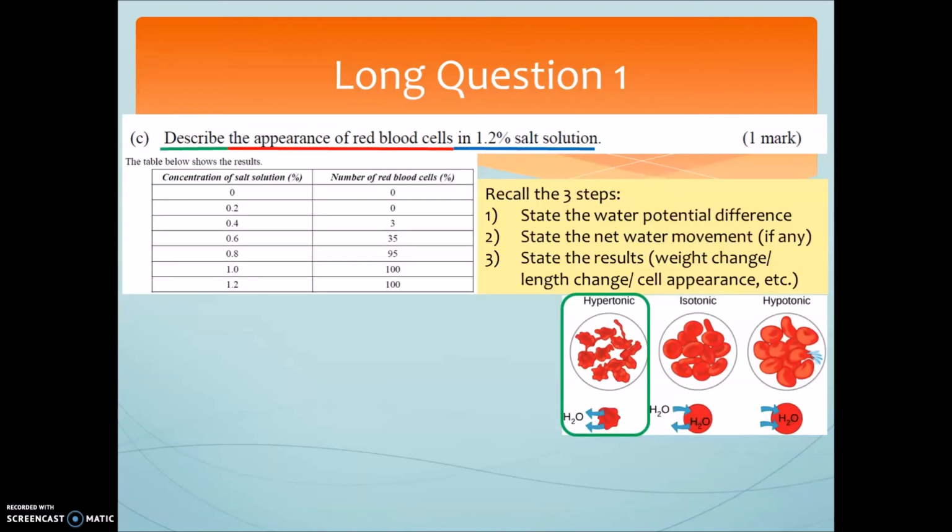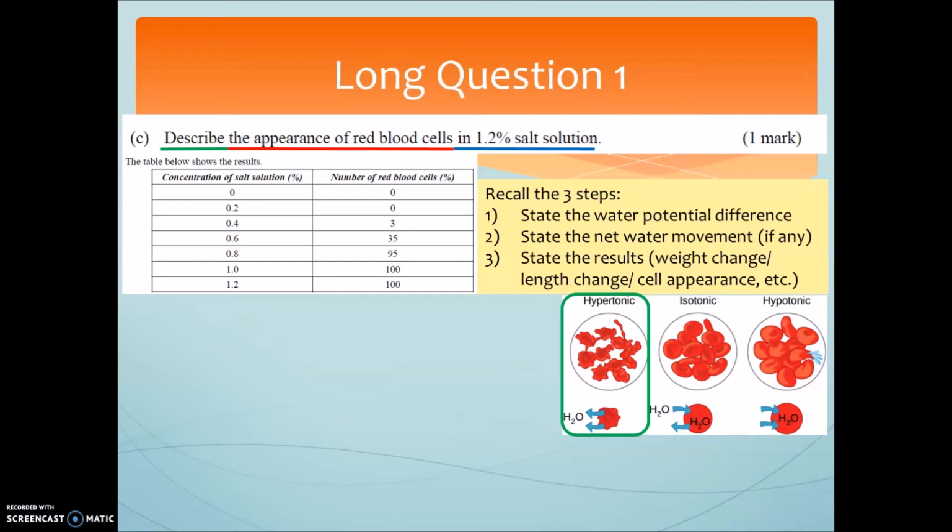And then for part C, it is a very simple question, because it just asks you to describe the appearance of the red blood cell in 1.2% sucrose solution. The single thing you need to know is that we put the red blood cell in a hypertonic solution. So what will happen? The water should leave the red blood cell due to the water potential difference, by osmosis.